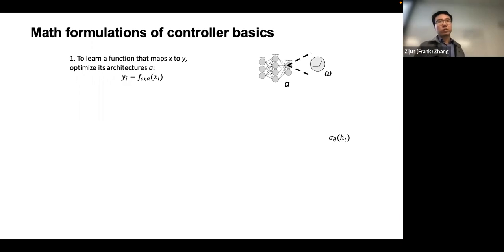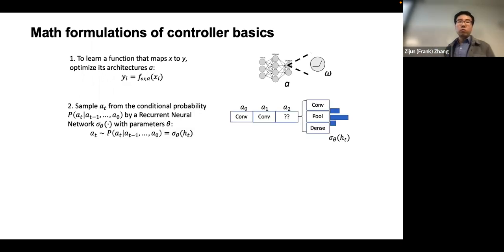So you can see those two parameters have this nested relationship, right? You first determine architecture A, and once you determine A, you can start to train your parameters omega. And then how do we train a recurrent neural network and model the conditional probabilities of A? Again, this really goes back to statistical learning.